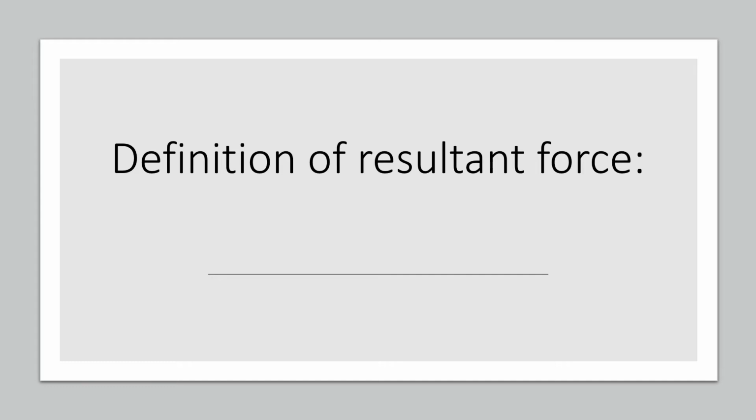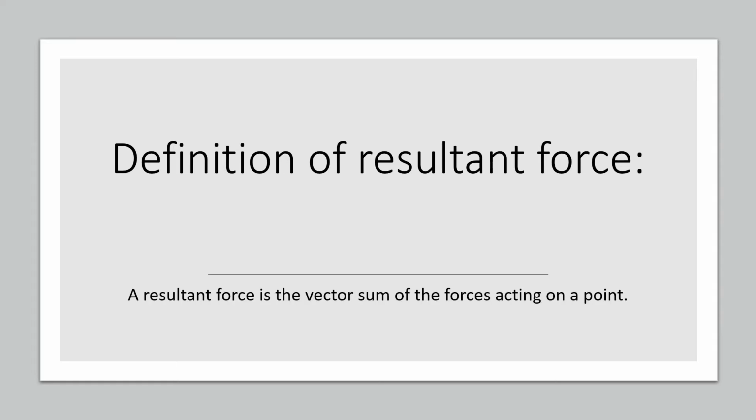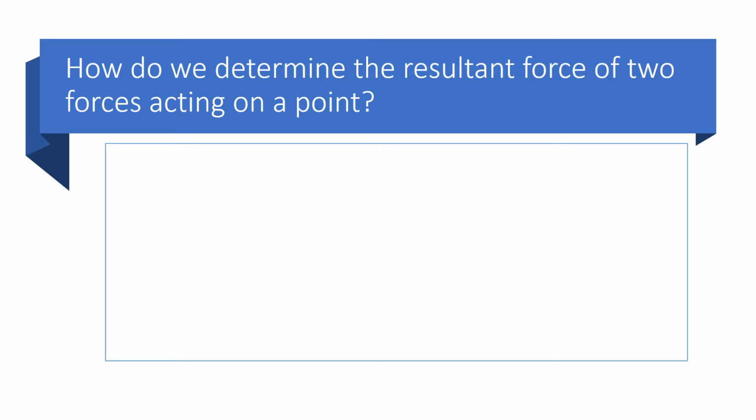Before this, let me explain to you what is the definition of resultant force first. A resultant force is the vector sum of all the forces acting on a point. So how do we determine the resultant force of two forces acting on a point? Today we have four situations to consider.